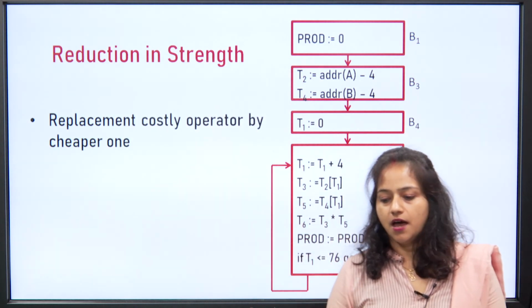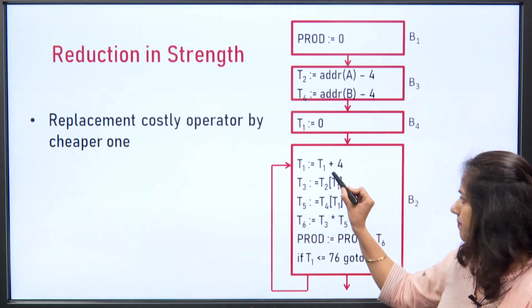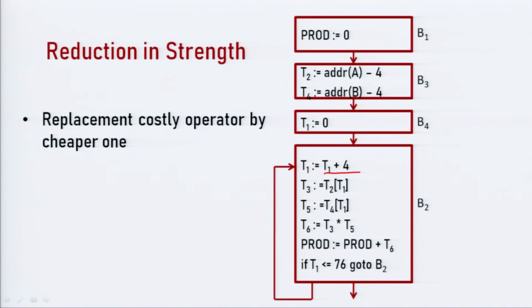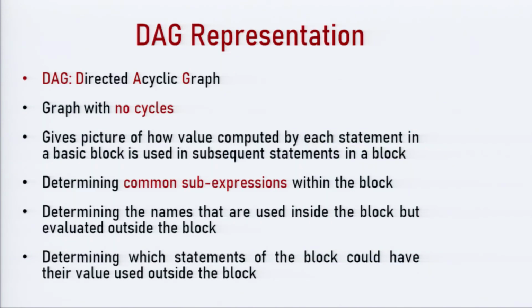With this change, the multiplication has been reduced by the plus operator without changing the meaning of the computation, and this is called strength reduction. So, this is about the optimization techniques where we reduce the size of the target code.